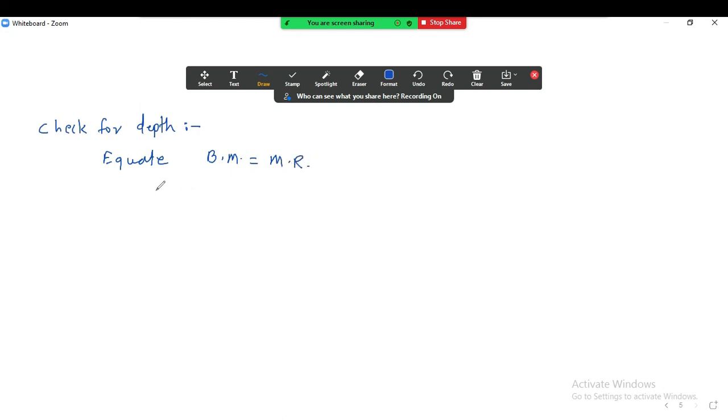What is our maximum bending moment? It is 152.31 kilonewton meter, so into 10 to the power 6 Newton mm, which is equal to, now Fe415 is there, 0.138 fck, fck is 20, into b d square, b we have assumed 300, into D required square.